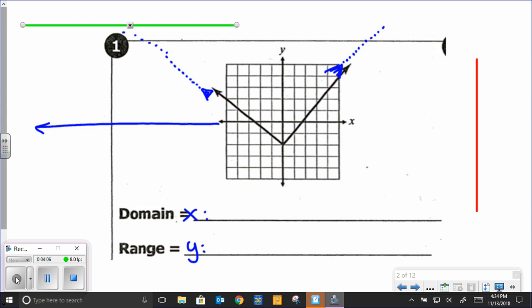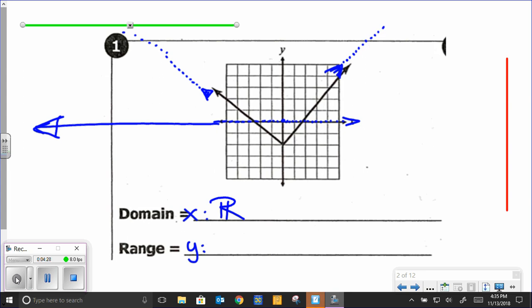Since it's going to go forever and ever in both directions, my answer for the domain is all real numbers, because it's literally every number from the origin, every number going this way forever and ever, and every number going this way forever and ever. So that's what we're looking at, all real numbers.